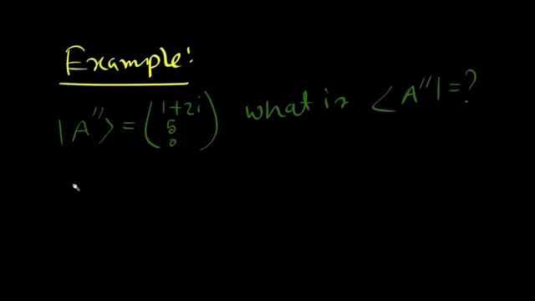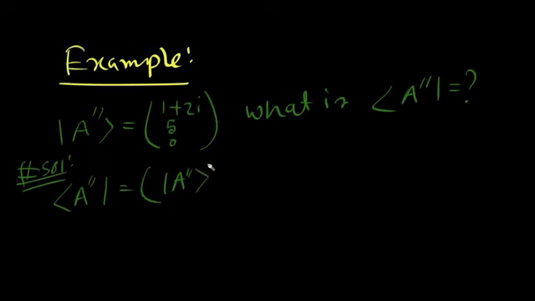This is pretty easy. We just have to do the following. So the bra of A double prime is equal to the ket of A double prime with the dagger operation. And remember, this dagger operation equals transposition and then the complex conjugation, or vice versa.